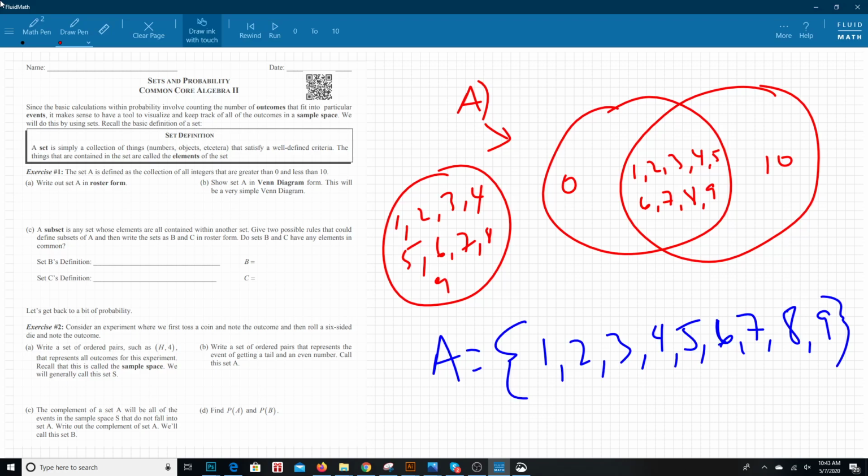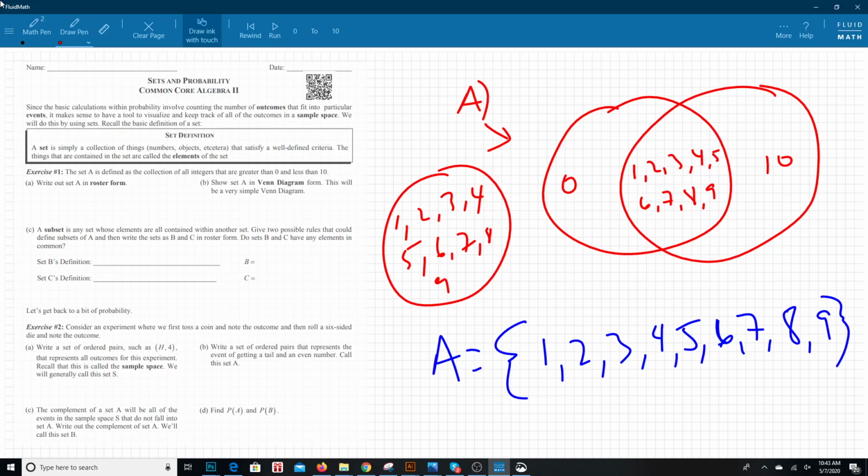It says, sorry, it's not given. It says give two possible rules that could define subsets of A, and then write the sets as B and C in roster form. Do sets B and C have any elements in common?